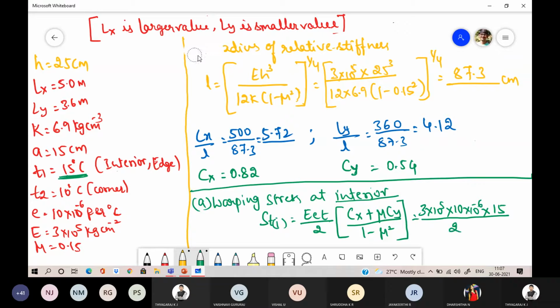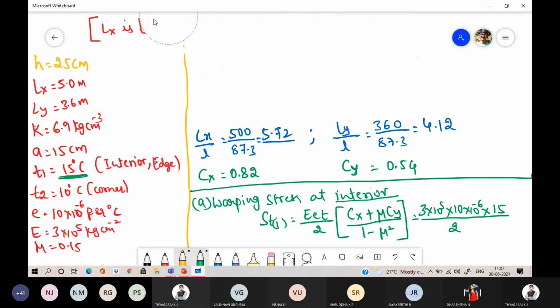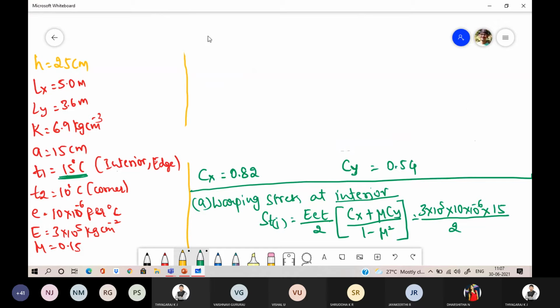I'll erase this so that we can write here. So sigma_TI is equal to E e t by 2 into (Cx plus mu into Cy) divided by (1 minus mu squared).